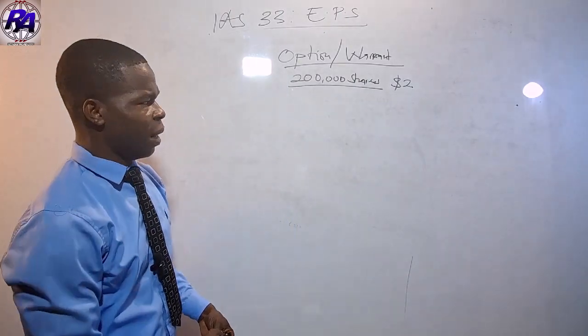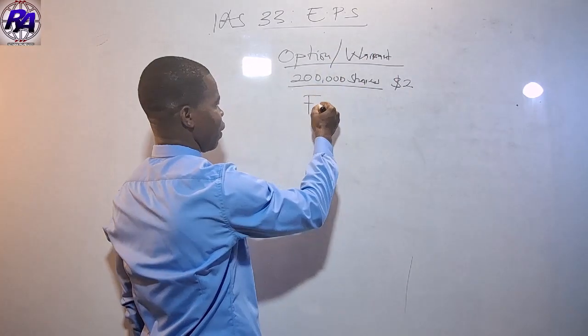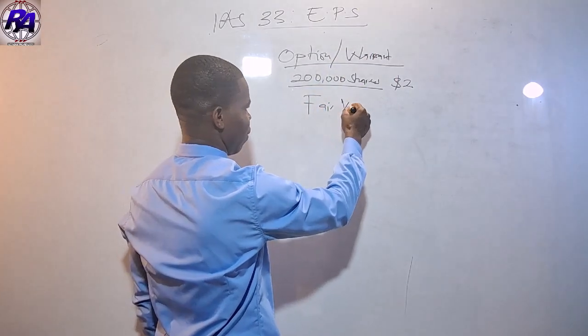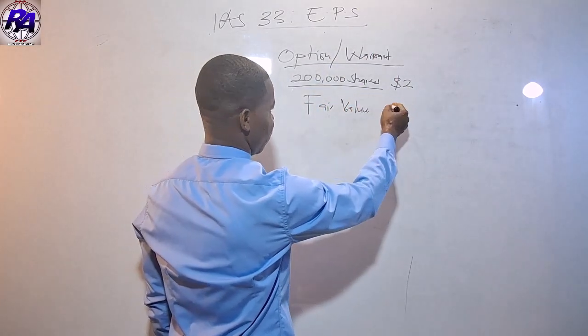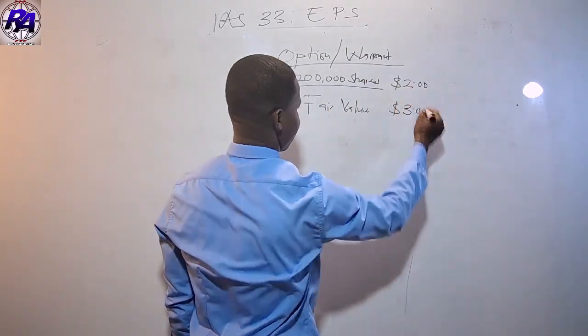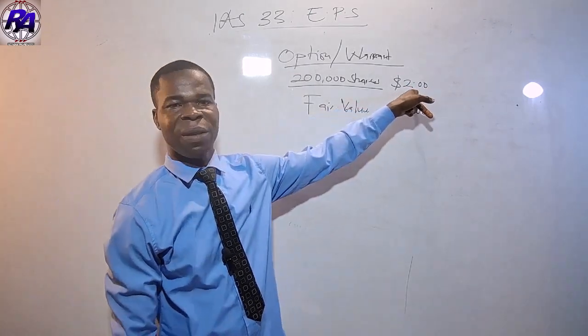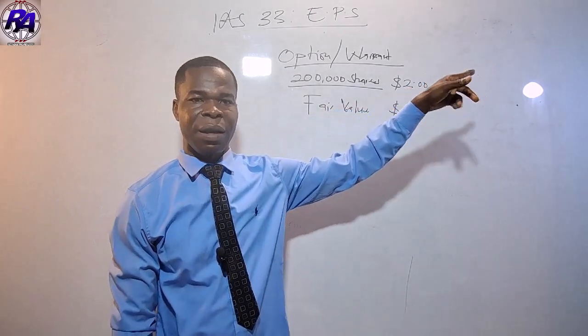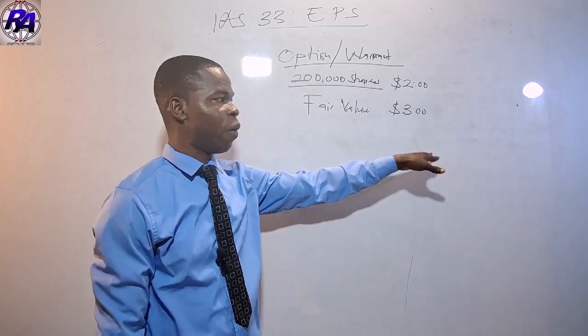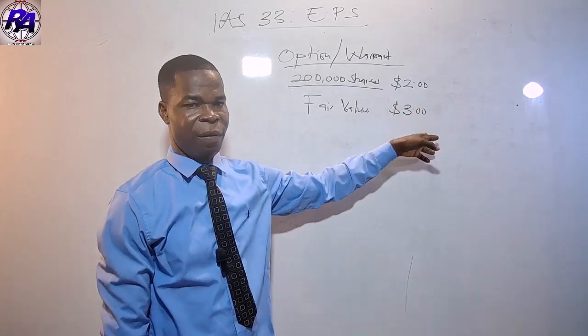Okay. Now let's assume that after that 3 years, the fair value of the shares, which is also known as the market value, is $3. So you can see some differences over here. Now the amount we are going to sell the shares to the option holder is different from the market value or the fair value.